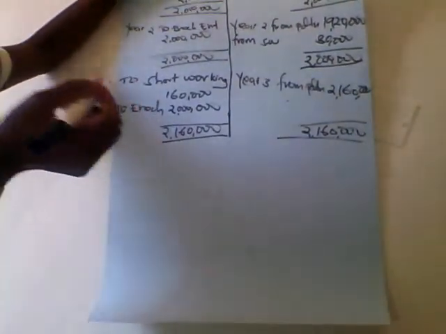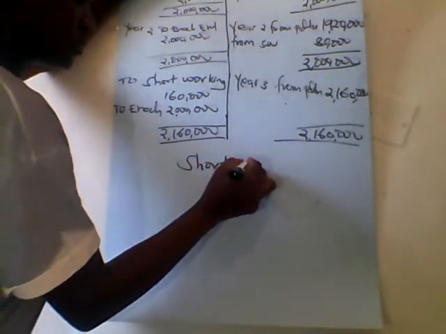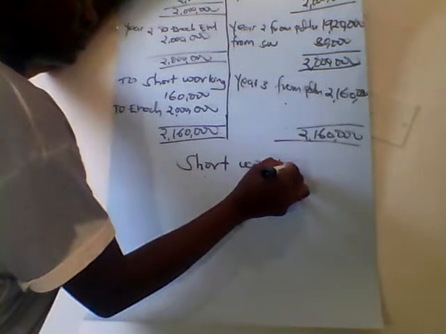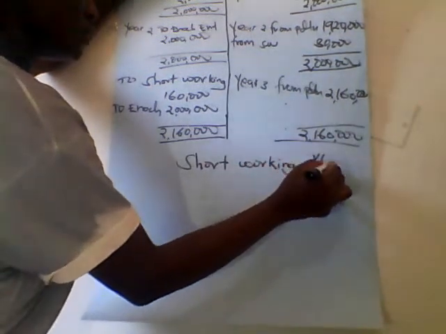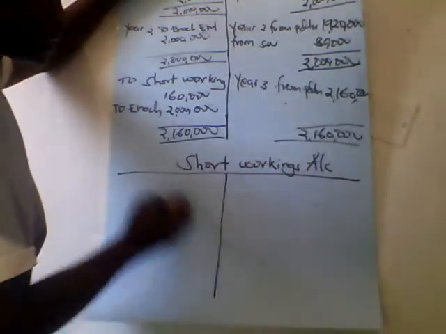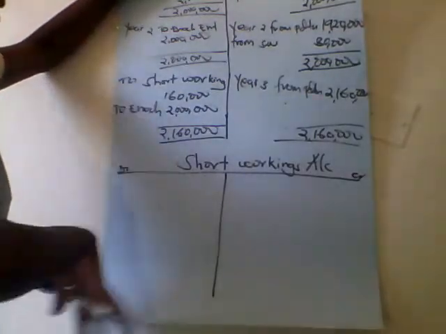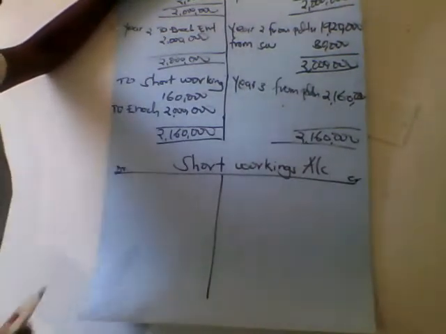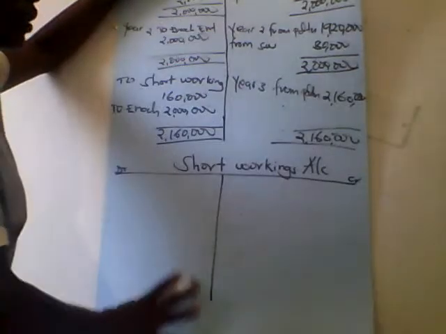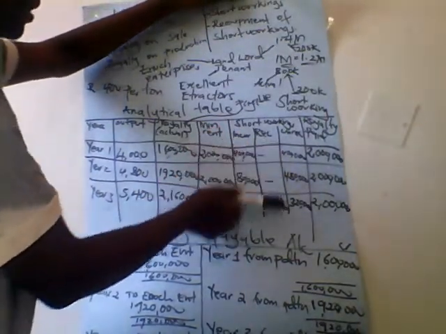Then we go to the short workings account. Short working is an expense, so it has a normal debit balance. Here we only use the short workings column.